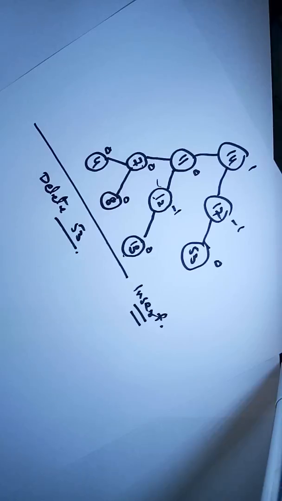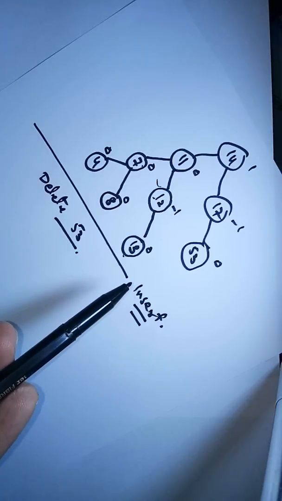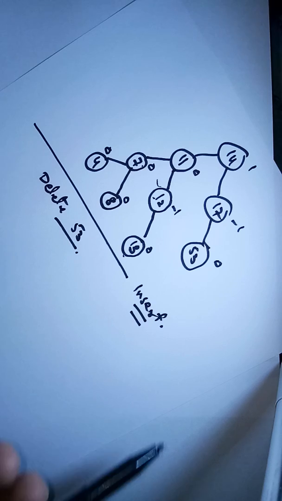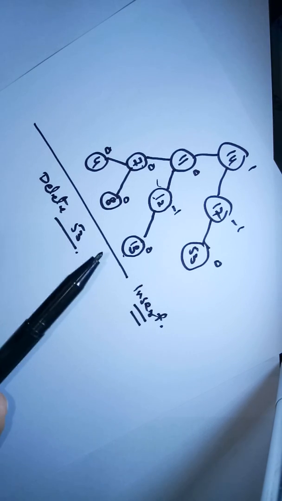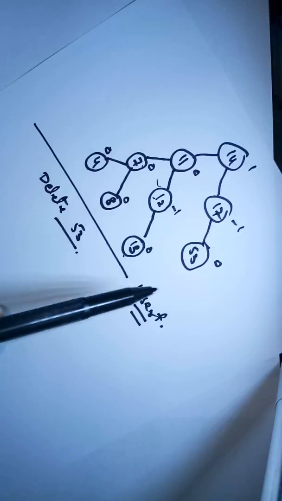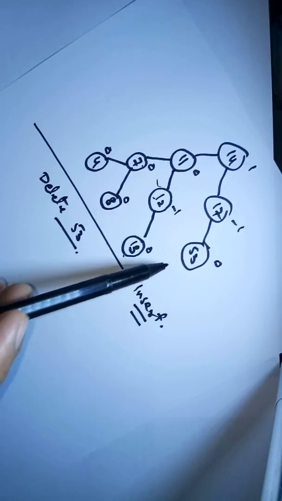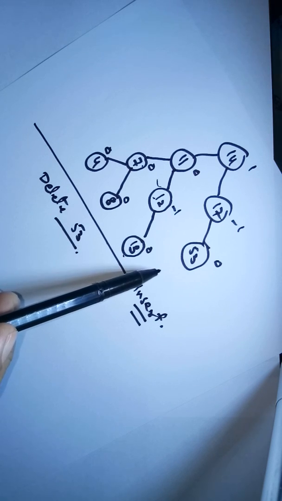How can we delete this? Remember, in a binary search tree, how can we delete a key value? Easy. First of all, check whether this is a leaf node or not. If it is a leaf node, simply delete it. Yes, 53 is a leaf node, you can simply delete it. But if it is not a leaf node, then you have to check whether it contains only one child.